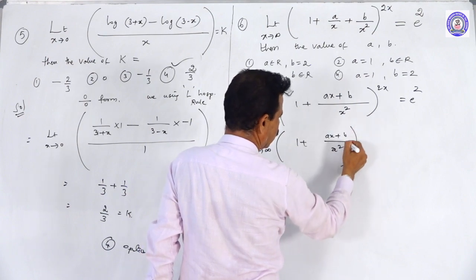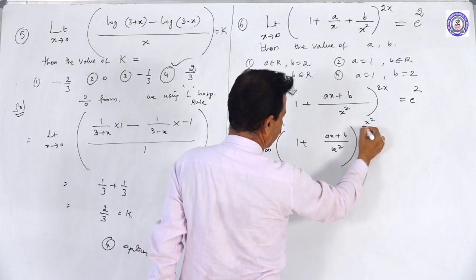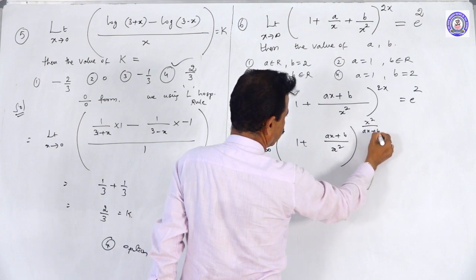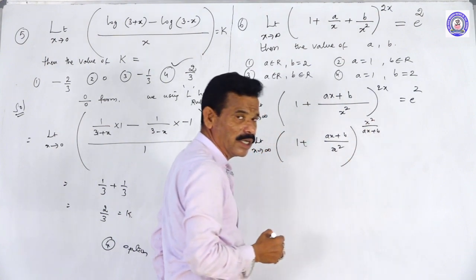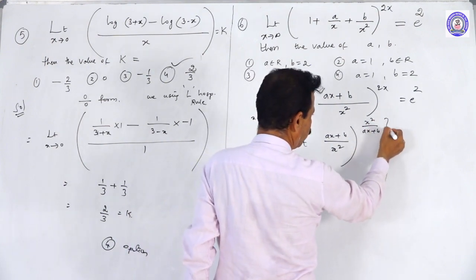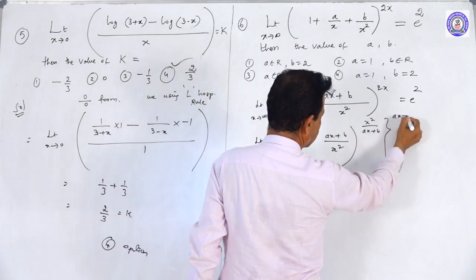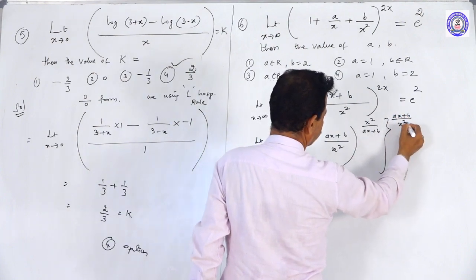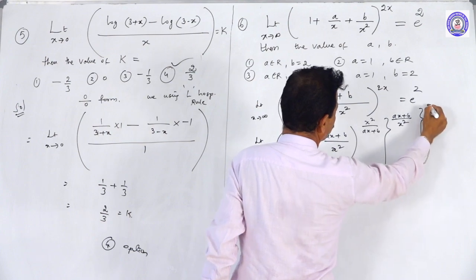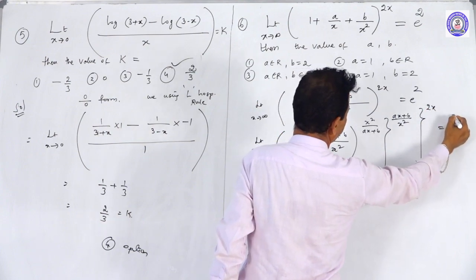We write its opposite, x square by (ax plus b). This is the extra term, so we multiply again by (ax plus b) by x square, to the power 2x, equal to e square.